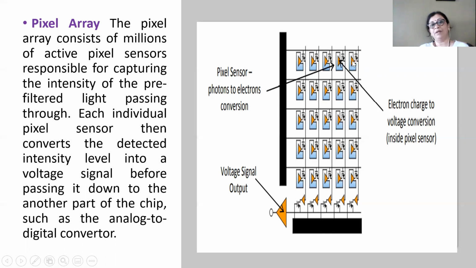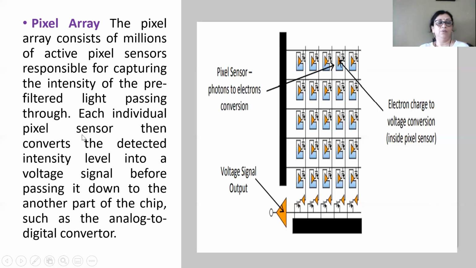This amplifier is present immediately next to the sensor. The sensor is connected to this amplifier, and the amplifier converts the electron charge to voltage. At the same time it amplifies, or enhances, its strength. So here the voltage is available.